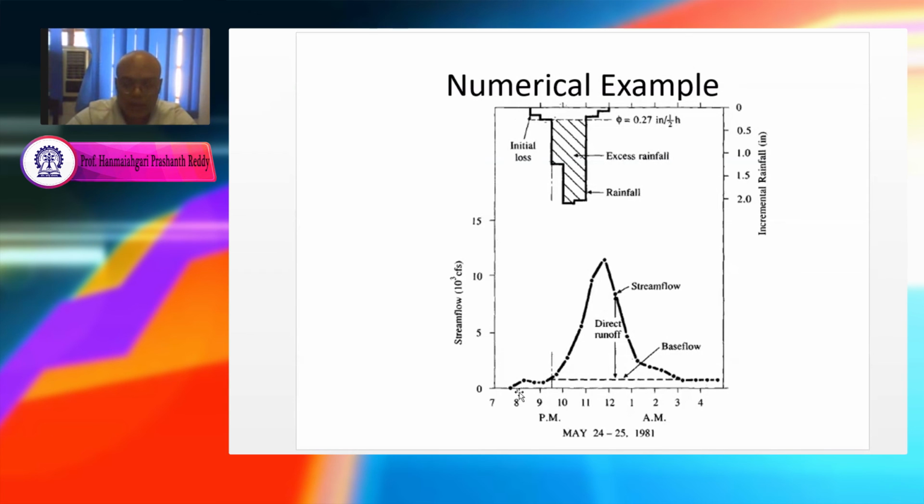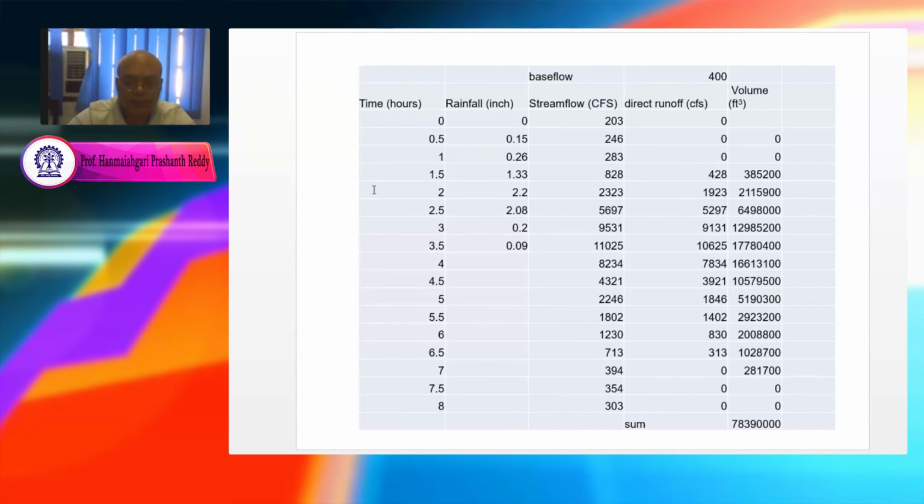But this flood hydrograph has direct runoff as well as base flow. So we need to separate the base flow. Using the straight line method, base flow is separated, and the base flow is given as 400 CFS.